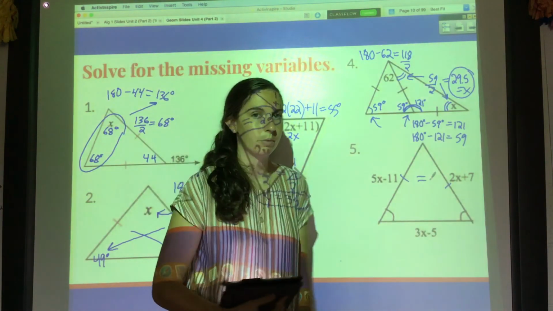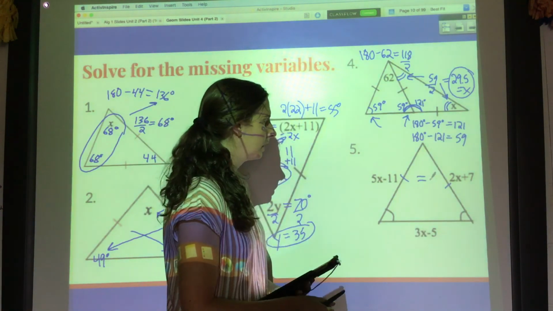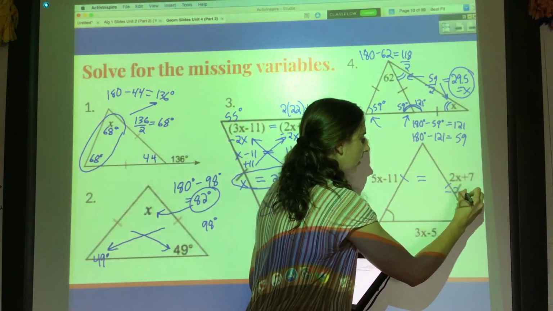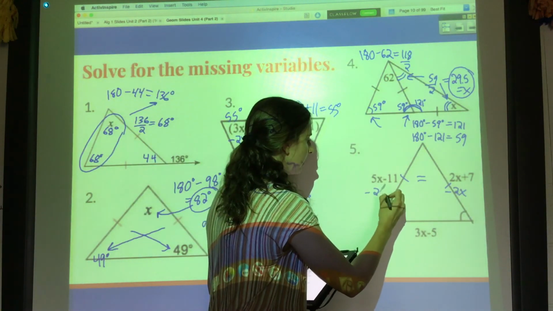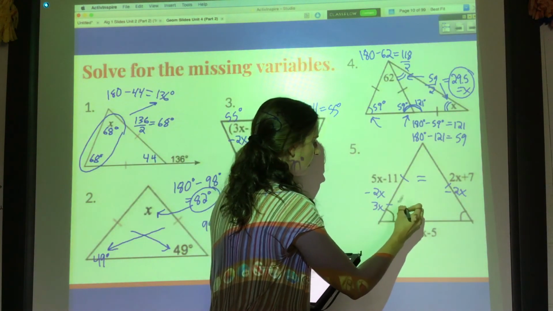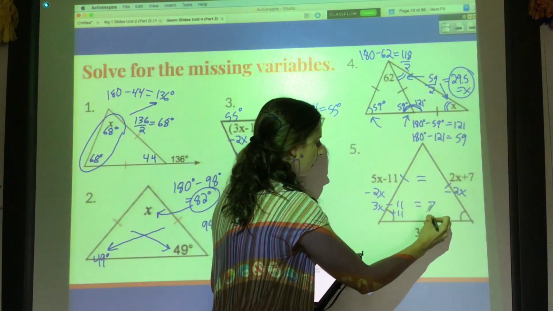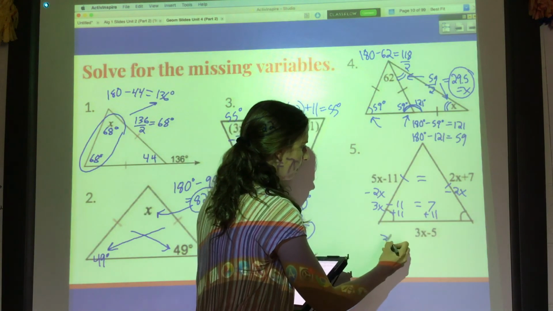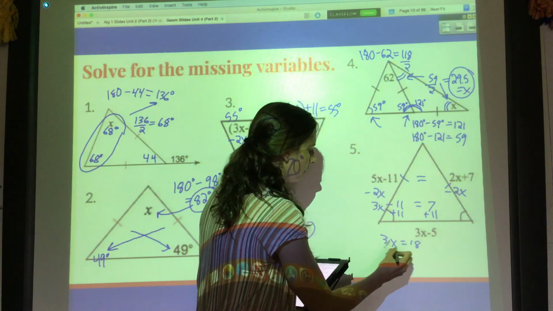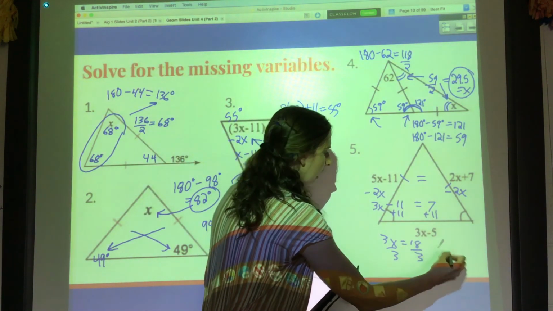This is just extra information, you don't need that. So I'll just solve for x real quick. Subtract 2x from both sides. So 3x minus 11 equals 7. Add 11. So 3x equals 18, divided by 3, and x is 6.